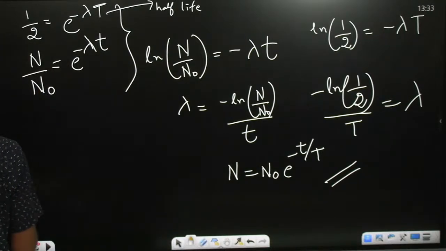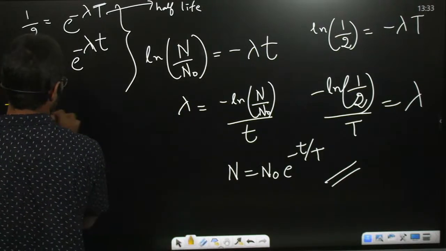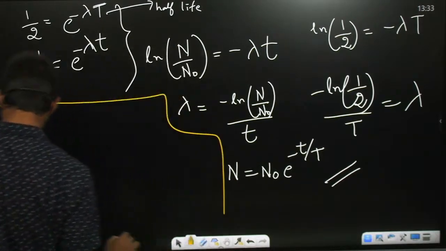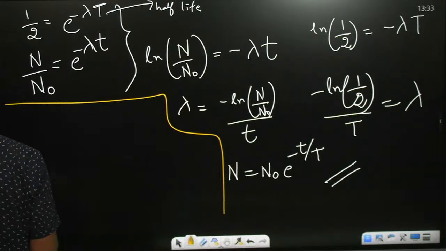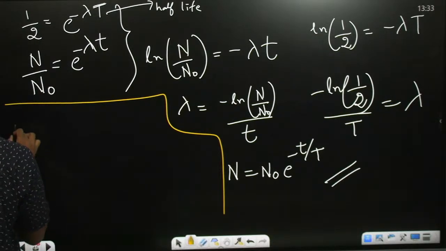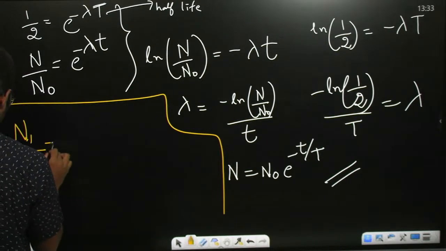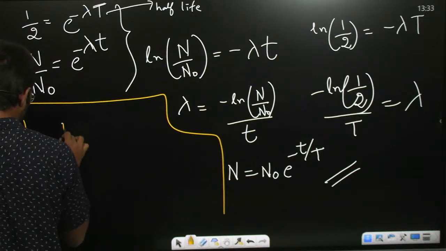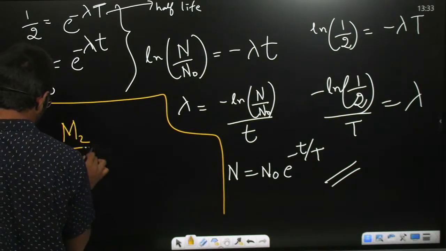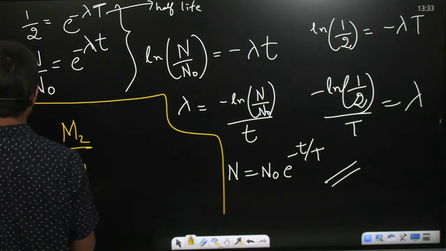The question says N1 by N2 is equal to M2 by M1. What is N1?